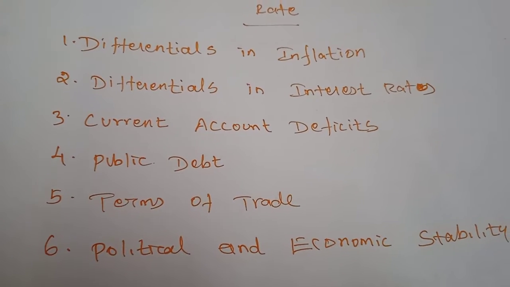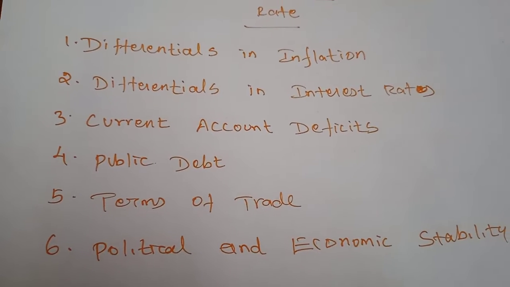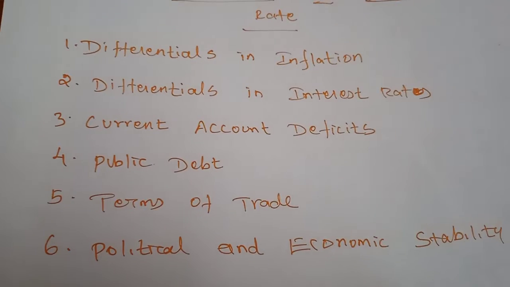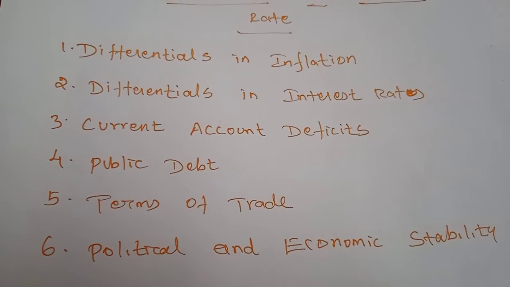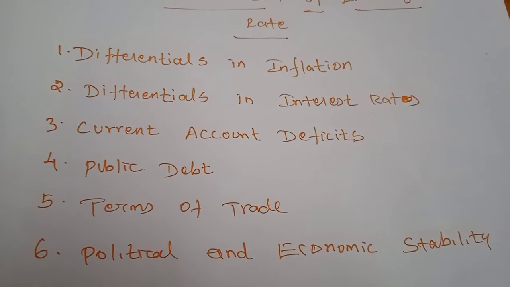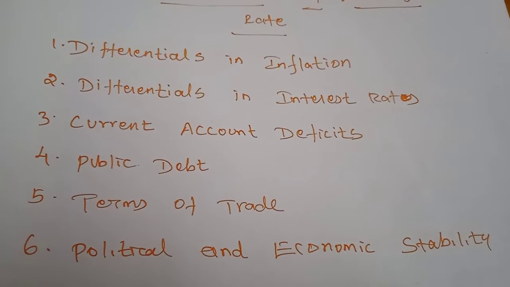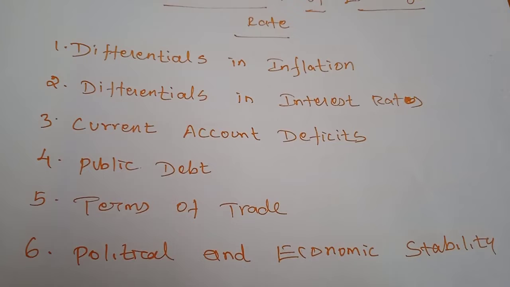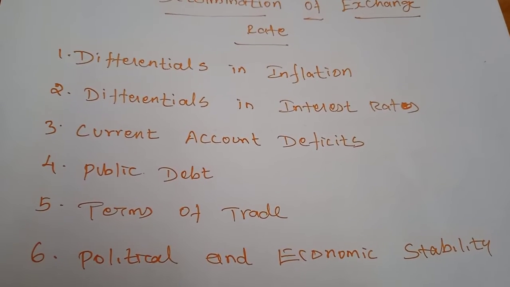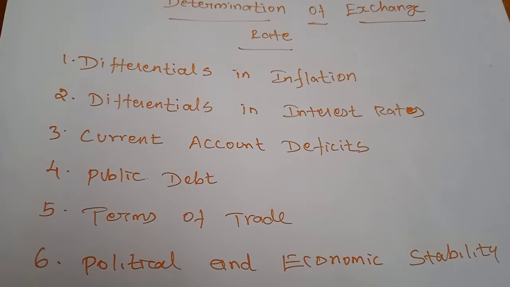On the basis of the inflation time, our Reserve Bank of India will also increase the rate of interest. With a higher rate of interest, foreign direct investment will also be reduced. Because of that, we will get a lower exchange rate, because the value of money may be very low.